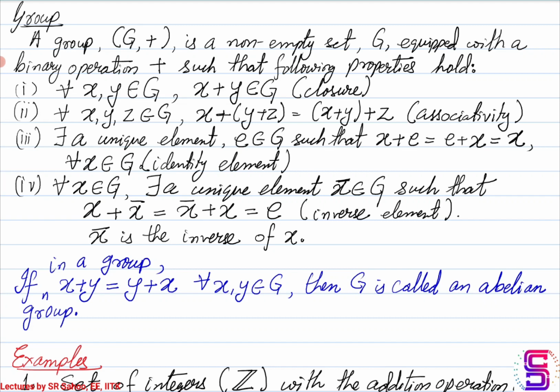This E is the unique element and is also known as the identity element of the set. Please note that this is true for all elements in the set. For any element x that you pick in the set G, x plus E will always give you back the same element.